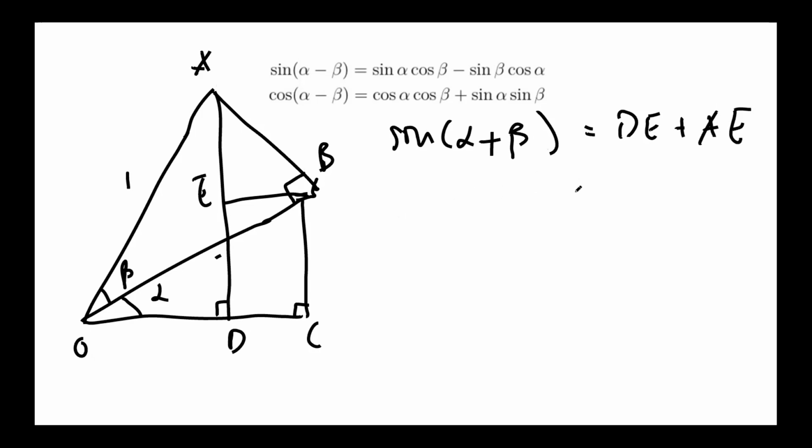Then we do something kind of sneaky where we write DE equals DE over OB times OB. This multiplies out to DE, but as you'll see in a moment, this is pretty useful for us. And for AE, we do the same thing but with AB.